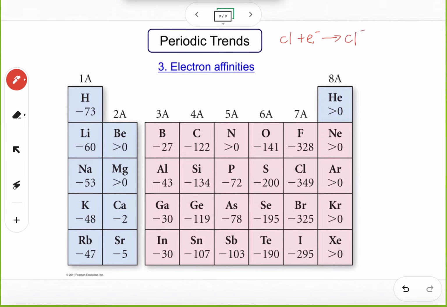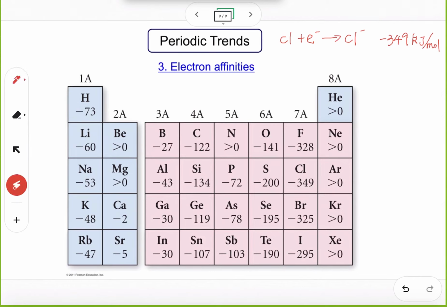How much energy do you have to pay? And that energy is called electron affinity. In this table, it shows you that that's going to be negative 349 kilojoule per mole. Don't worry about the negative sign here.